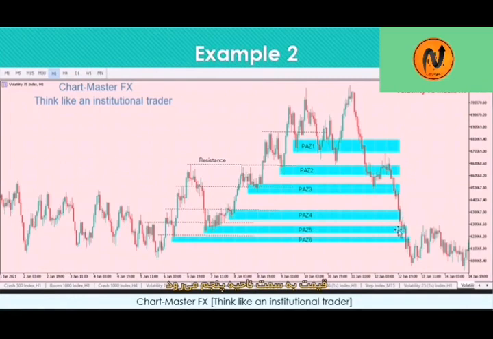The price came back here for a retracement, and came down again to engulf price action zone 5. Once price action zone 5 was engulfed, the price also engulfed price action zone 6, and the price came here. Price action zone 5 was able to hold the price, and the price went down.